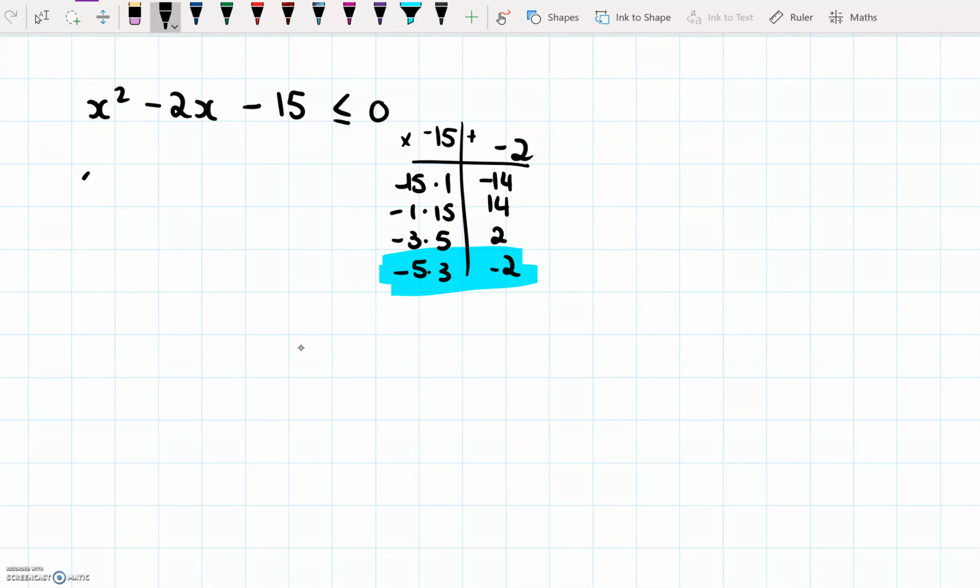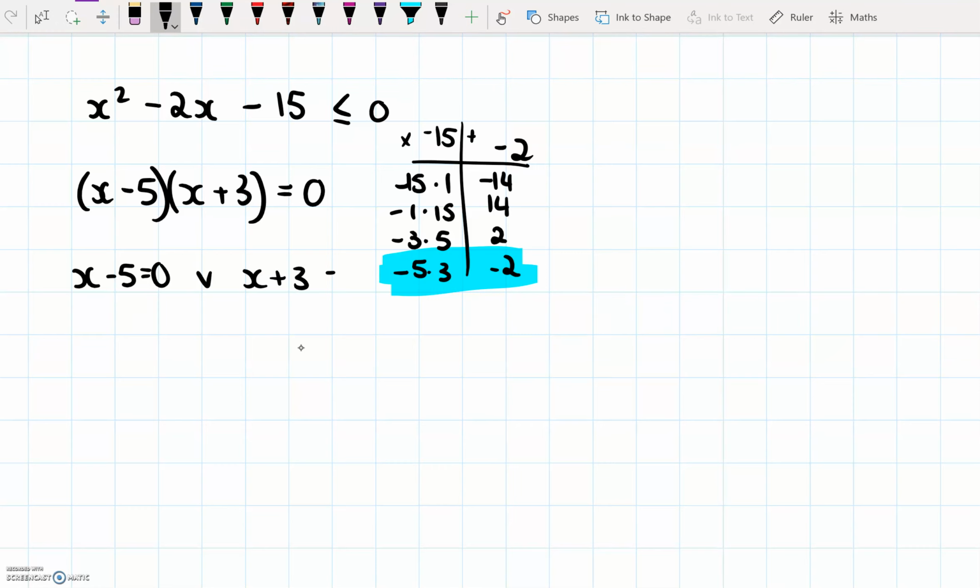So we have x minus 5, x plus 3 is less than or equal to 0. Oh, sorry, this should be equals. x minus 5 equals 0, or x plus 3 equals 0. So x is equal to 5, or x is equal to minus 3.